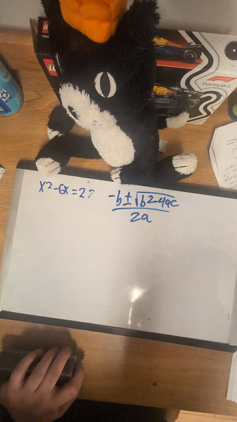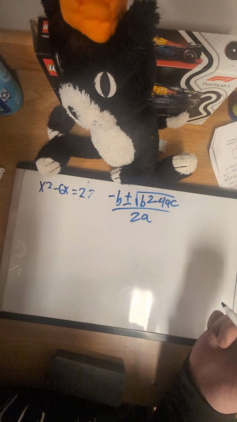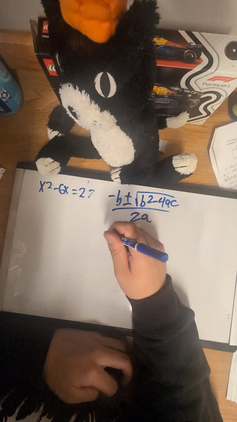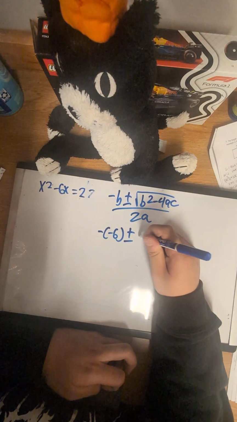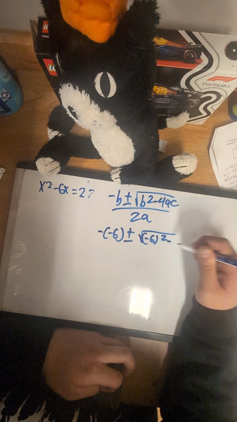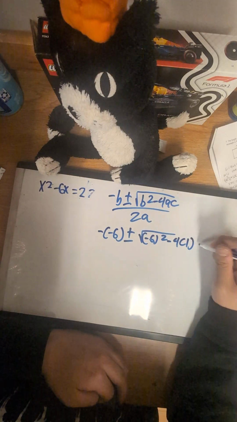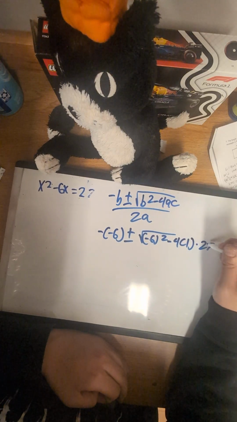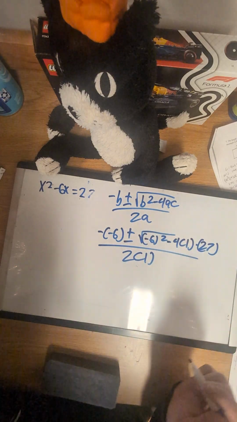Bada bing, bada boom. Okay, so now that we know this, we can just plug in our values pretty easily. So negative b is going to be negative 6, plus or minus the square root of negative 6 squared minus 4 times 1 here times 27, all over 2 times 1.